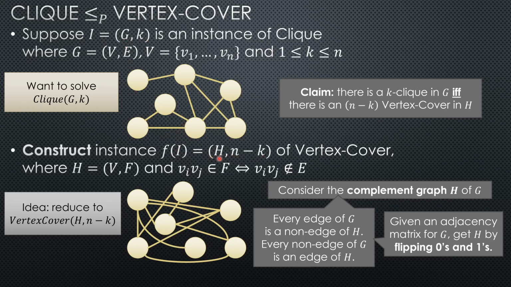H is going to be the complement graph. So this is an instance of vertex cover with a transformed graph, and we're looking for an n minus k vertex cover. And this last line, where H equals this, is just putting formally into mathematical notation the definition of the complement graph, how we get it from G.